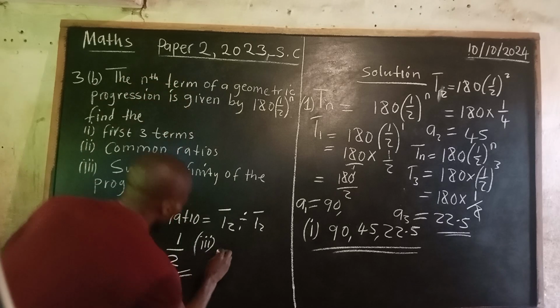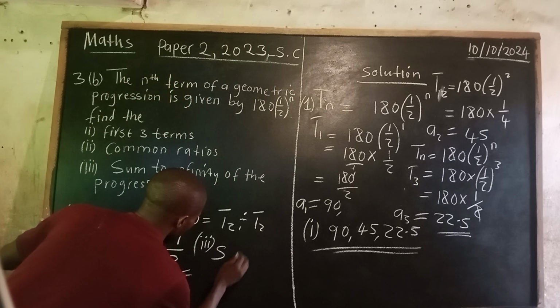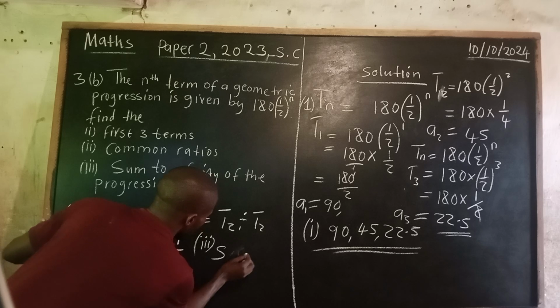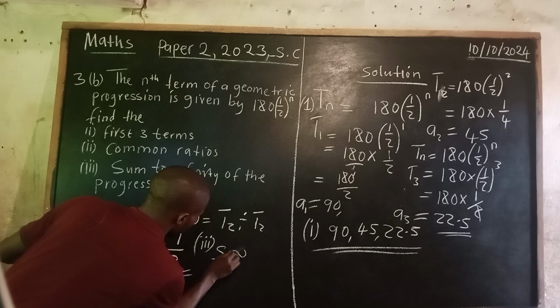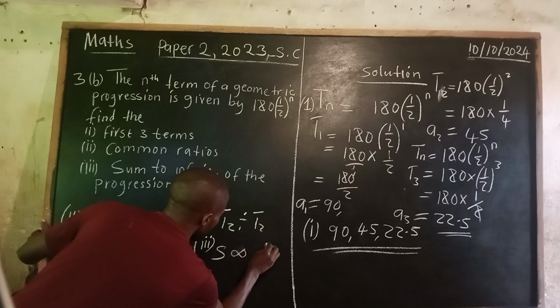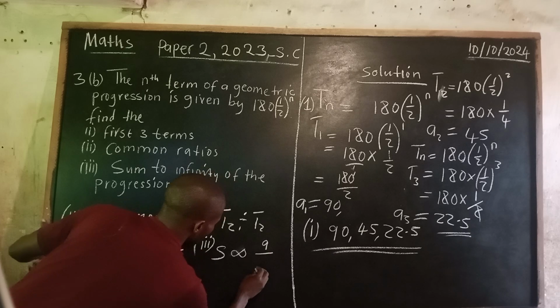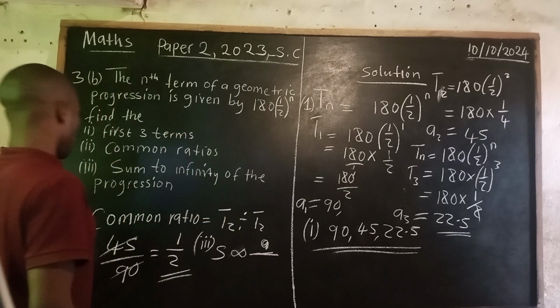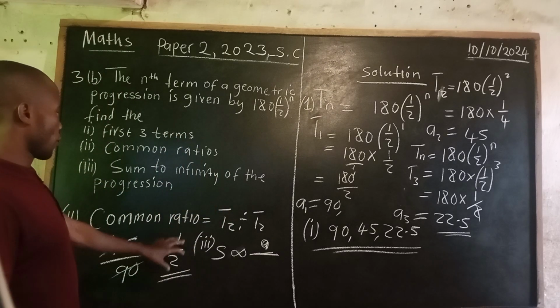So you are going to write the formula for the sum to infinity: S infinity equals the first term a over, and we look at the common ratio that we have.